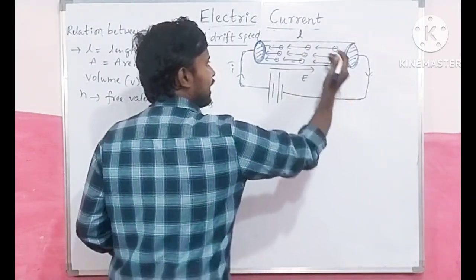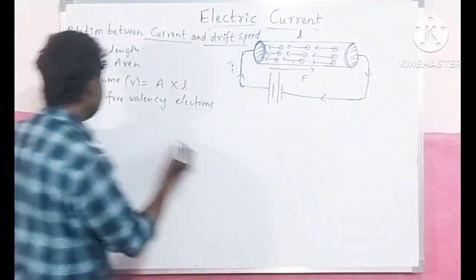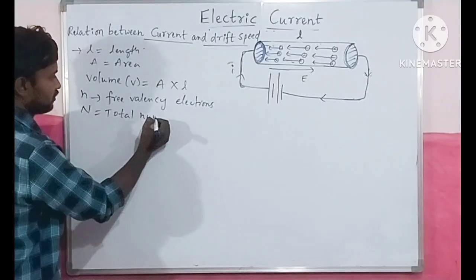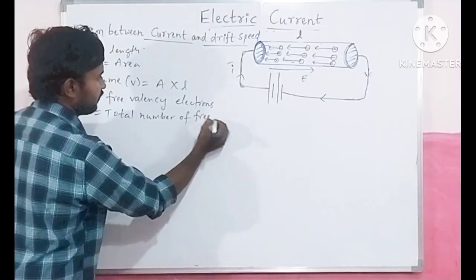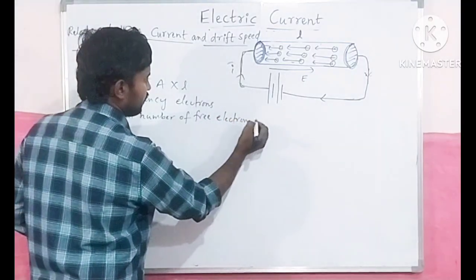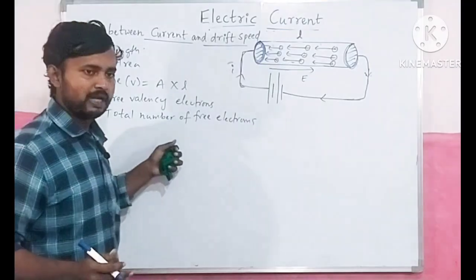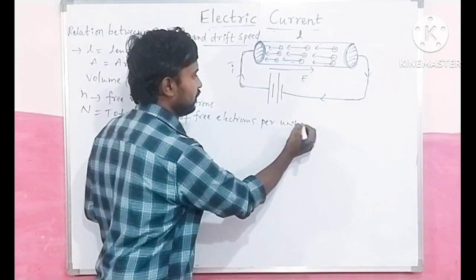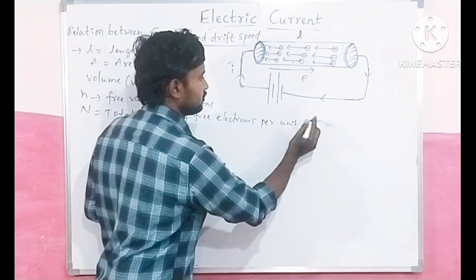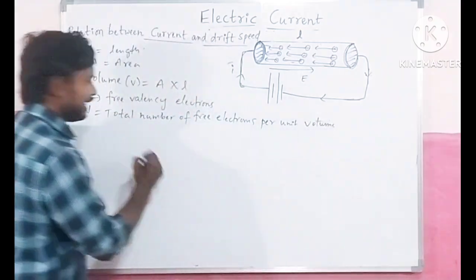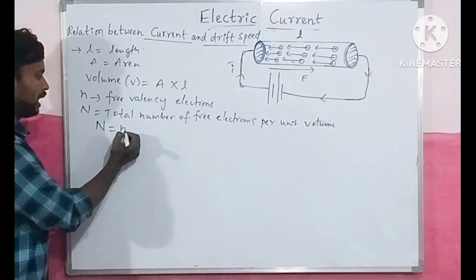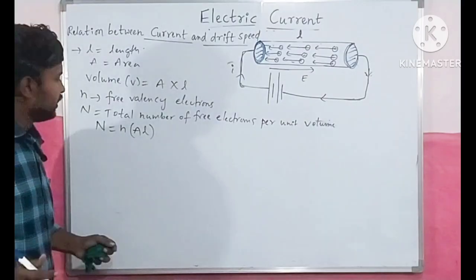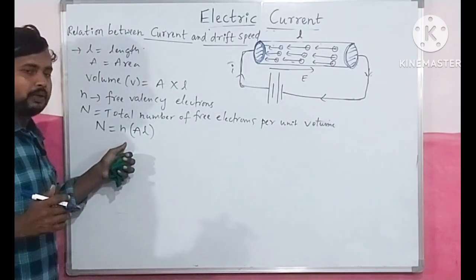Capital N is the total number of free electrons in the conductor. So capital N equals small n into A into L.